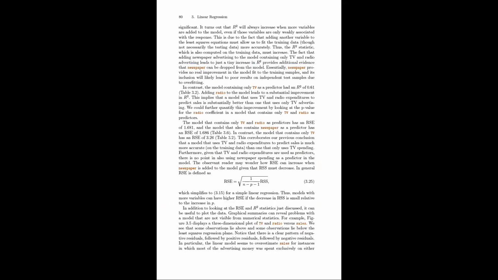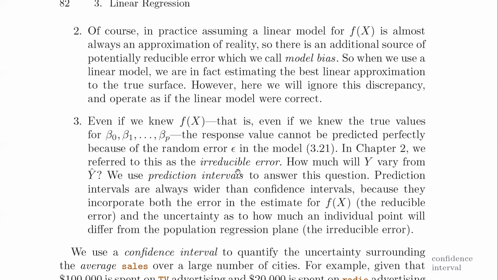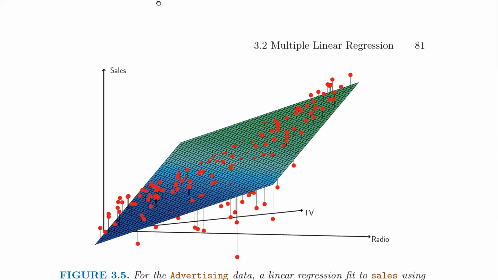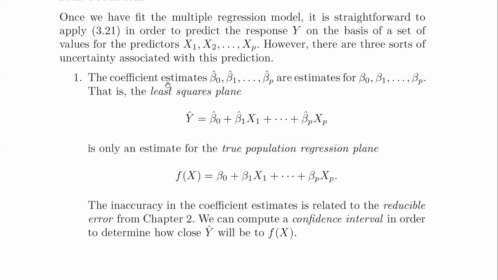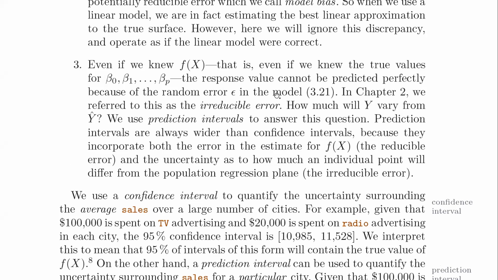There will definitely be more than enough time in future sessions. But the idea is that your predictions are going to be off because of two sources of error. The first source of error is your parameters are only estimates. And the second source of error is there is an error term.